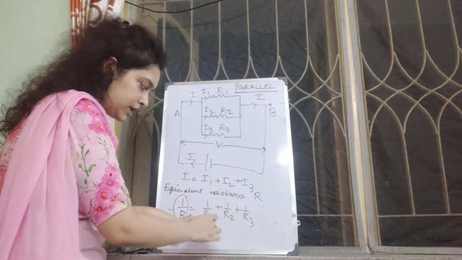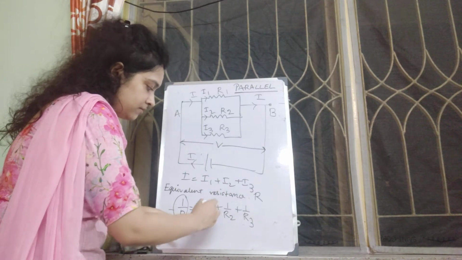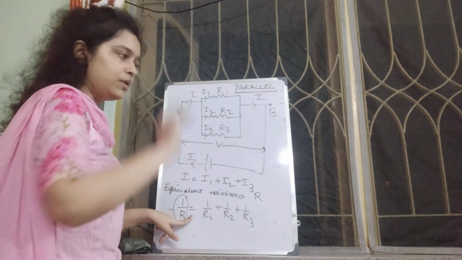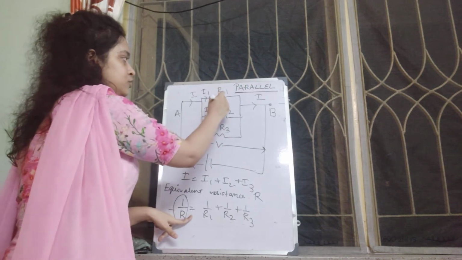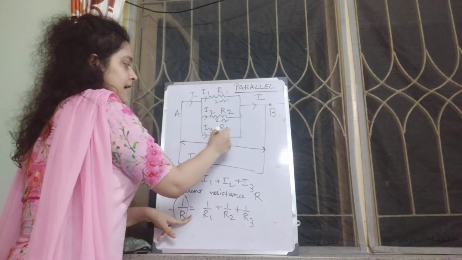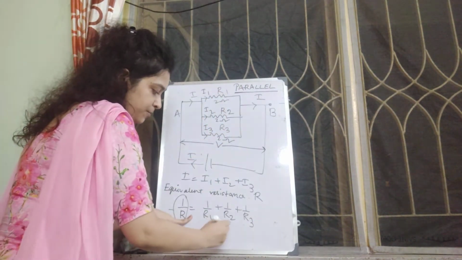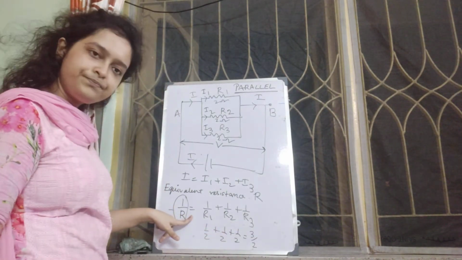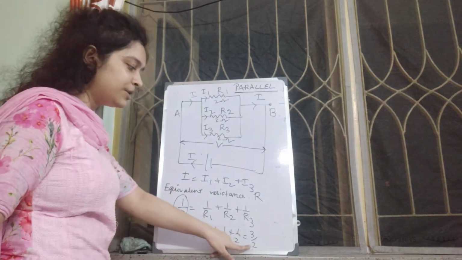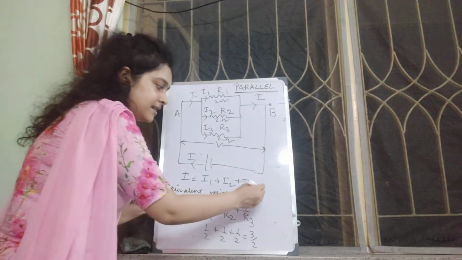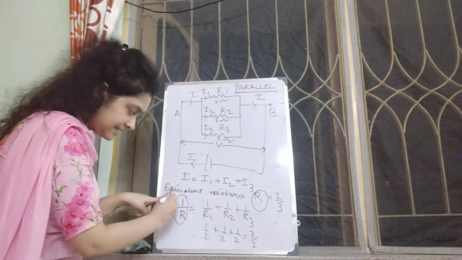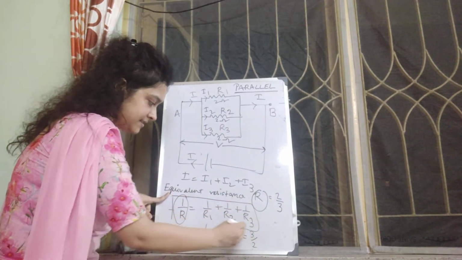Say R1 is 2, R2 is 2, R3 is 2, 3 equal resistances, 2 ohm, 2 ohm, 2 ohm. So it will be 1 by 2 plus 1 by 2 plus 1 by 2. So that is 3 by 2. Answer is not 3 by 2. The equivalent resistance is 2 by 3.